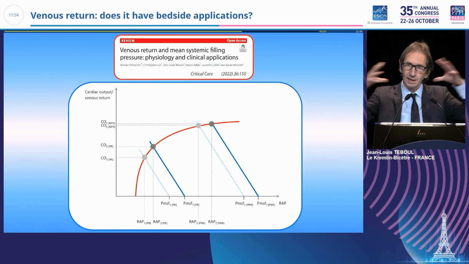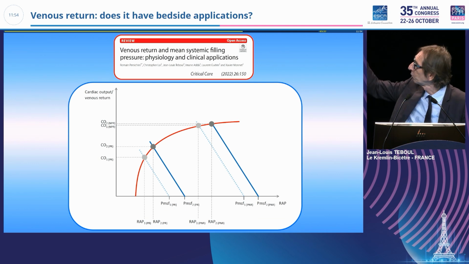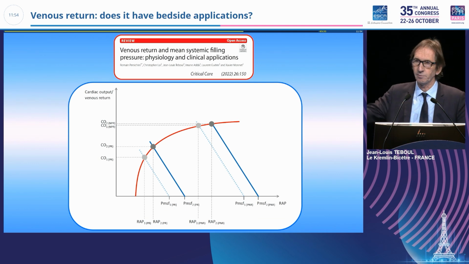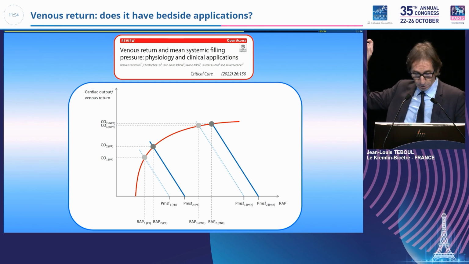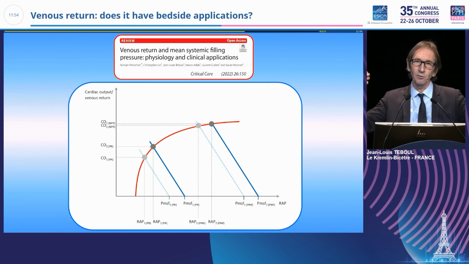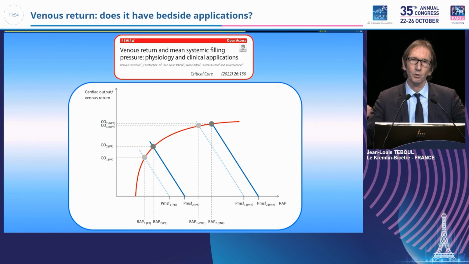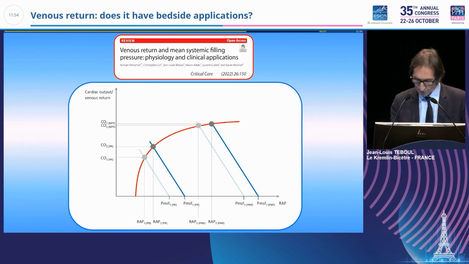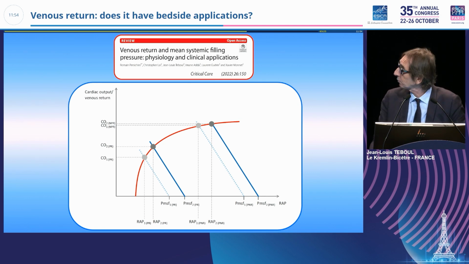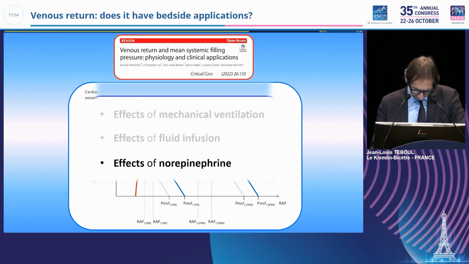So, if we summarize here these two situations, pleural responsiveness and pleural unresponsiveness, we should have an increase in the venous return pressure gradient only in case of pleural responsiveness. This is summarized in this recent paper we did with Romain Persichini, Xavier Monet, and others.